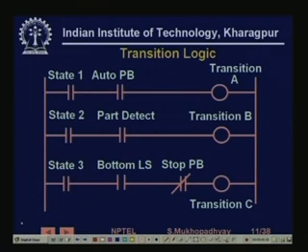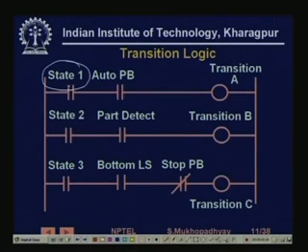It says that if the system is in state 1, that depends on the state logic, then corresponding to every transition we have an output coil, and corresponding to every state we have output coils. So this is actually an auxiliary contact corresponding to the output coil called state 1. It is an abstract variable actually.